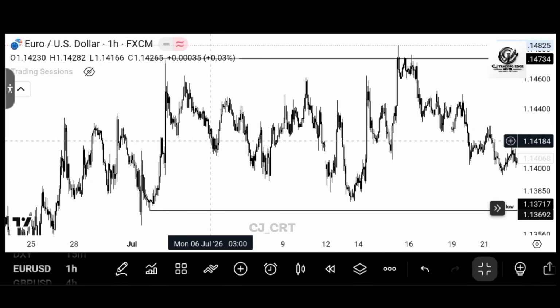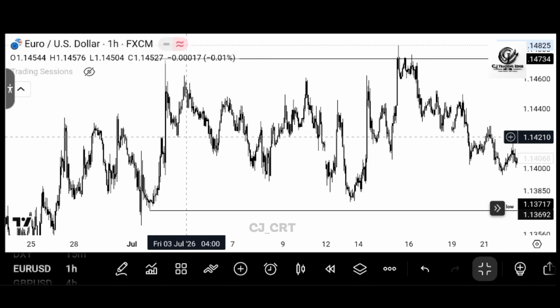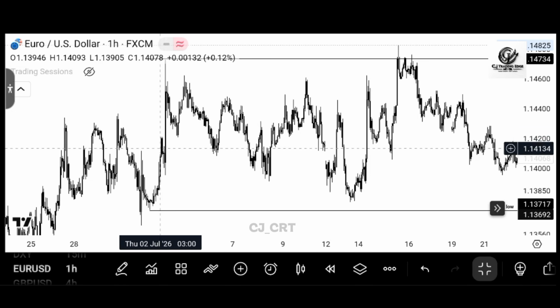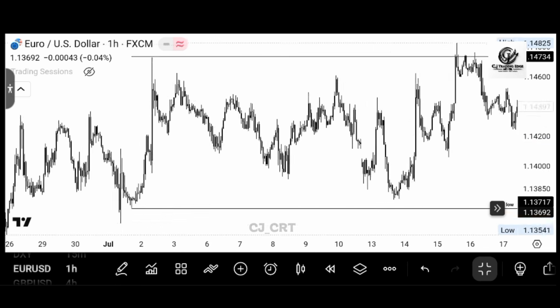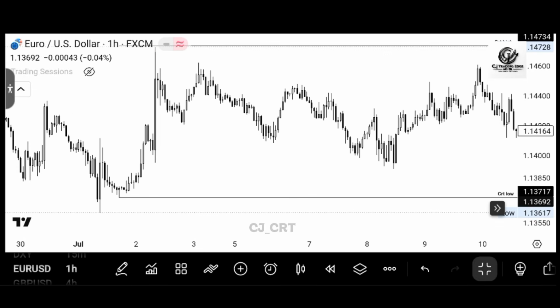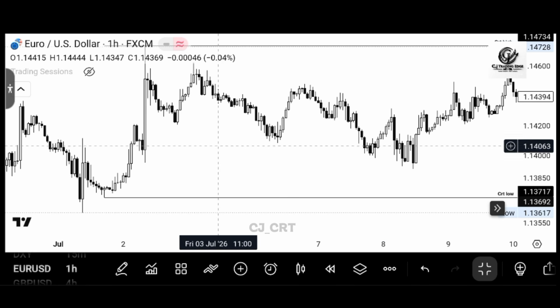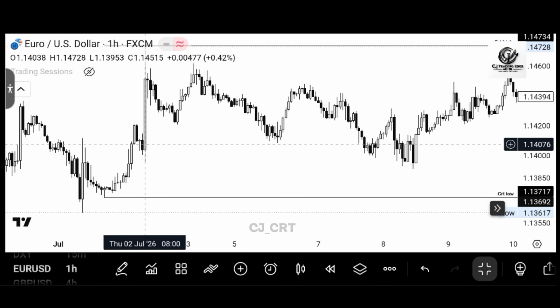If you're the type that probably looks for order blocks as an ICT trader or SMC, you see this. I don't know if that's an order block, but let's zoom in closer. Maybe I'll just call it a rejection block or a mitigation block, whatever.